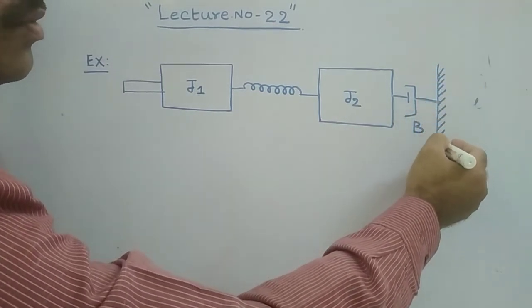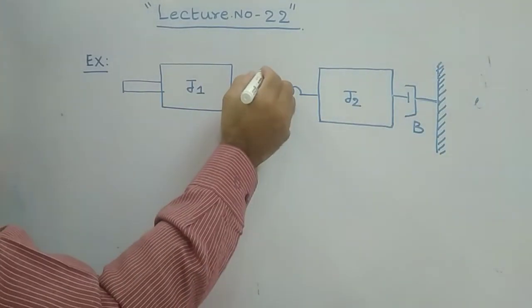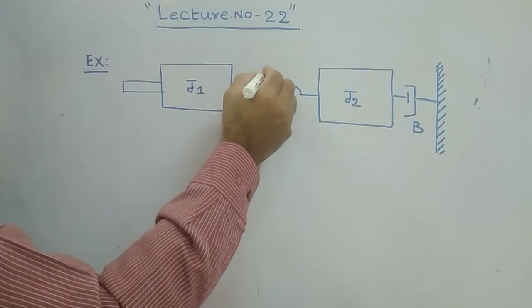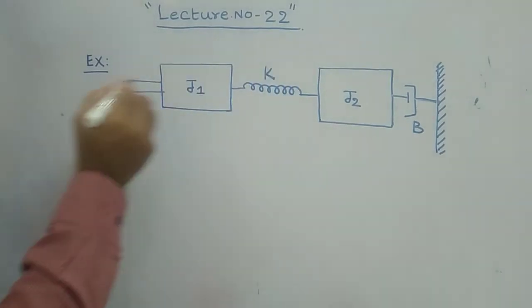This is your spring element K, and this is J1.